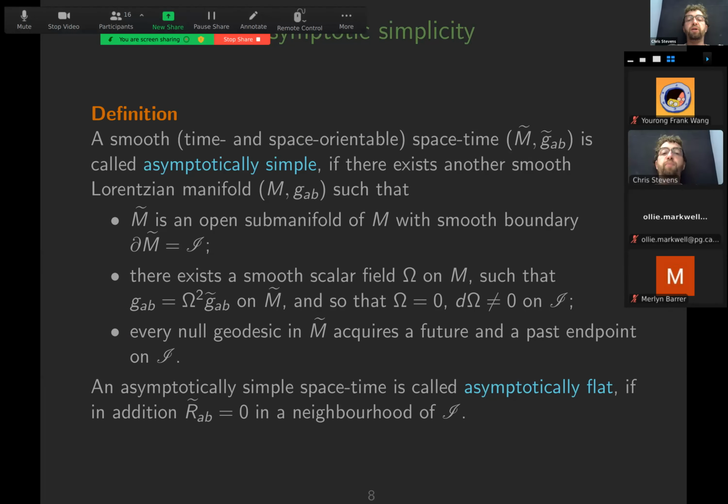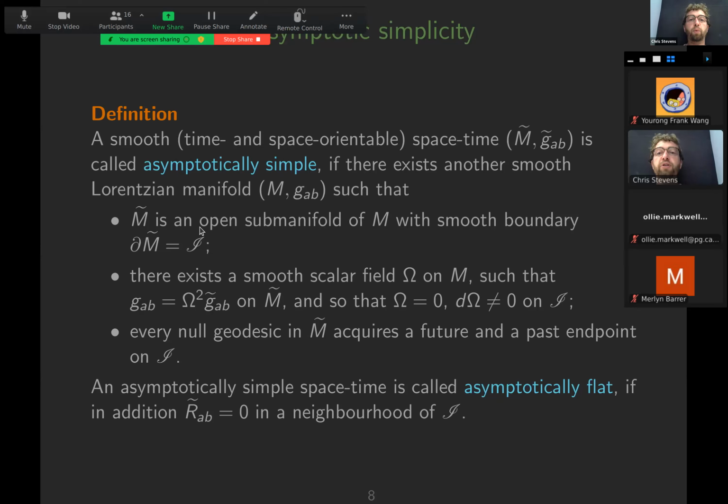So just to give a bit more technical definition, what do we mean by asymptotically simple? This is a way of classifying spacetimes from an isolated system. If we have a spacetime that is asymptotically simple, the one with the twiddles usually represents the physical one that you're interested in, and the one without twiddles is the conformal spacetime.